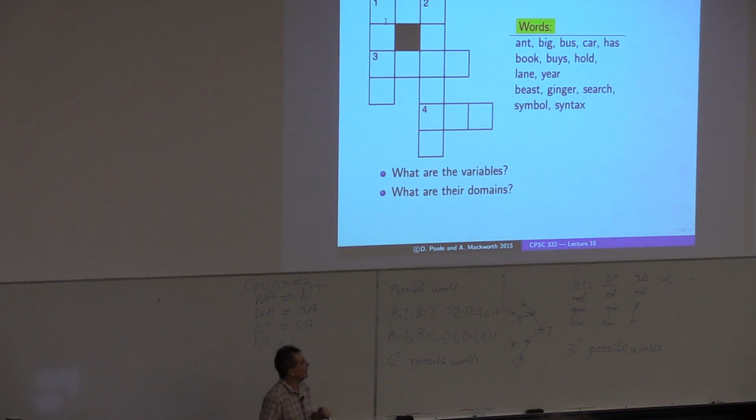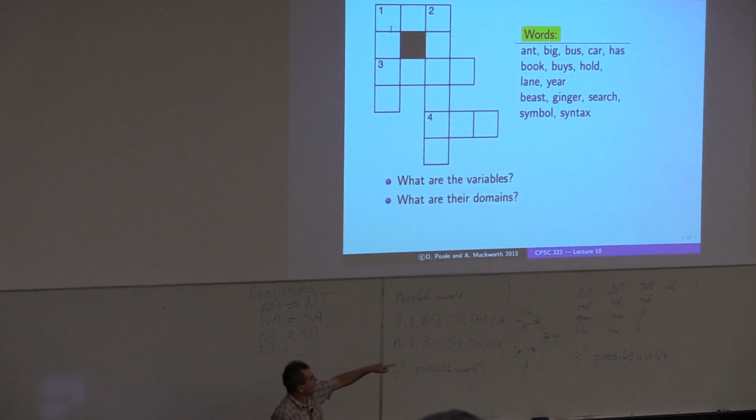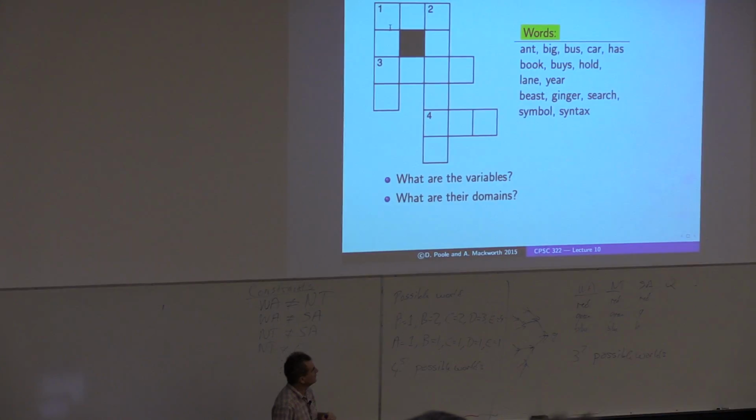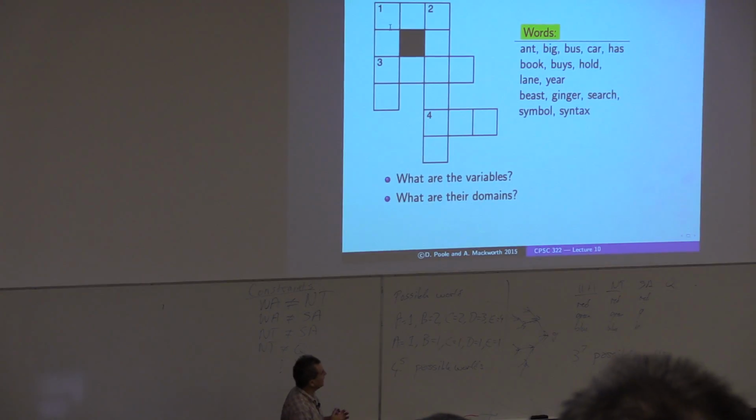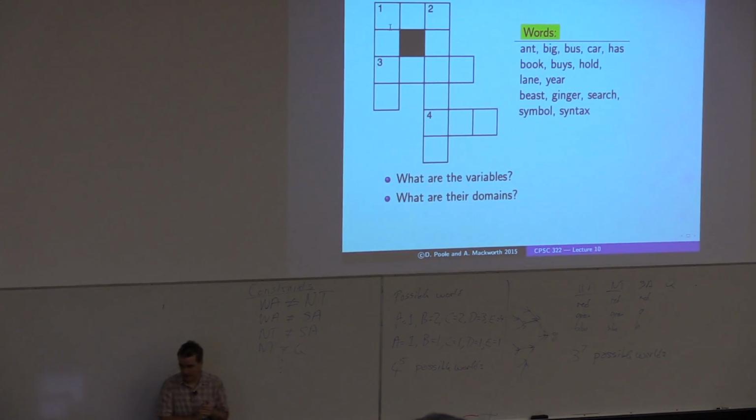All right, so here's another example. Here's a crossword puzzle, a very tiny crossword puzzle. There are 5 words to put in. There's 1 across, 1 down, 3 across, 4 down.